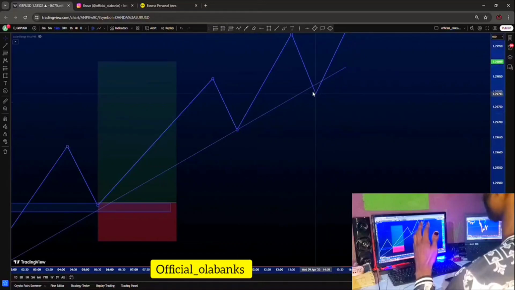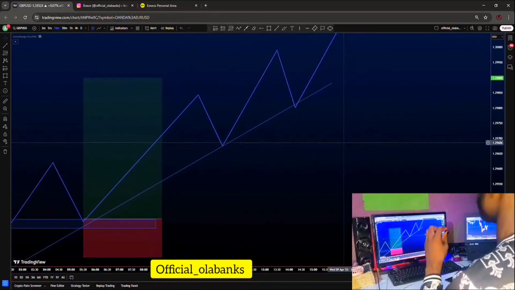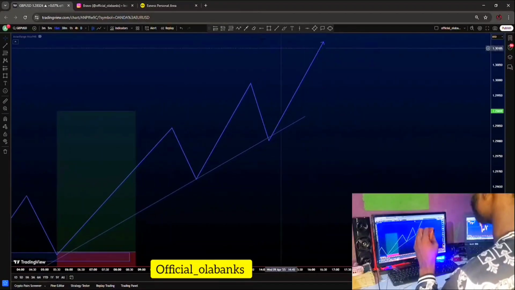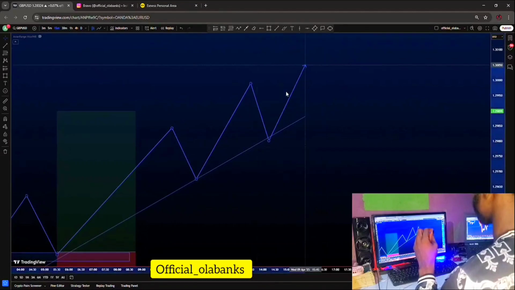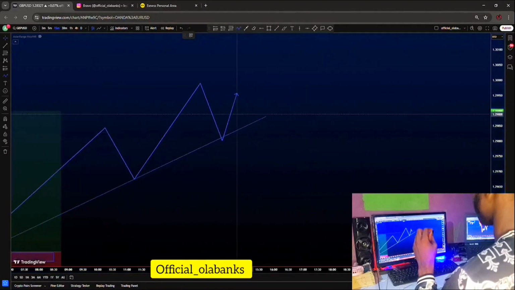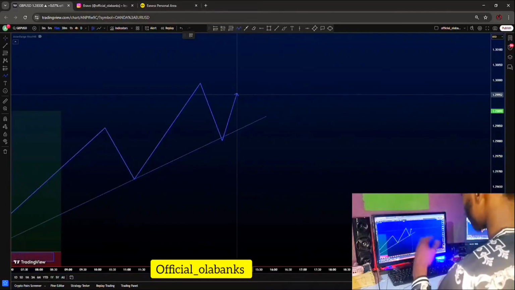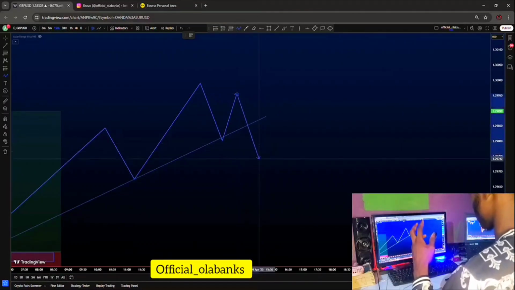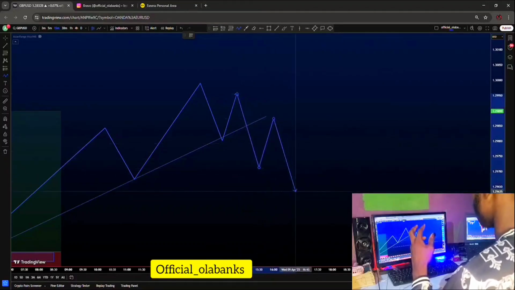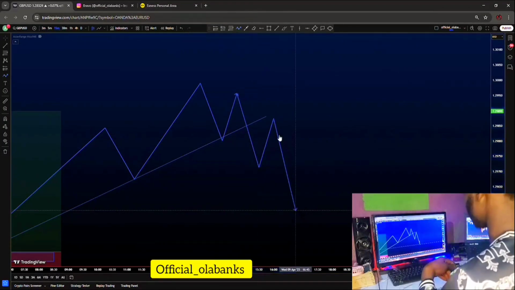The only time you want to stop buying is when price invalidates that trend line, something like this breaks that trend line, and now price is testing from below, behind that trend line.